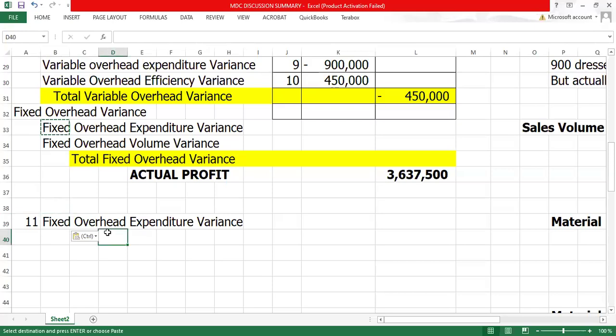Here you'll be asking yourself, fixed overhead expenditure: the budgeted fixed overhead costs.